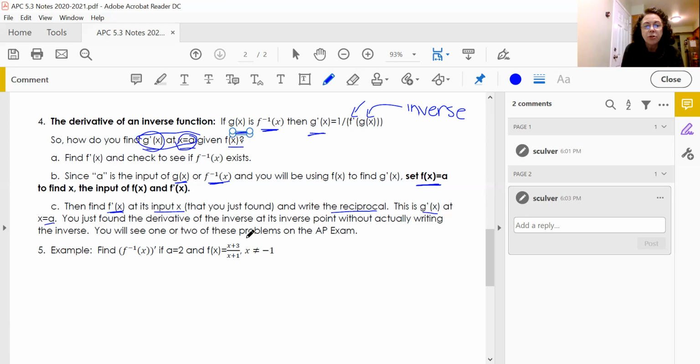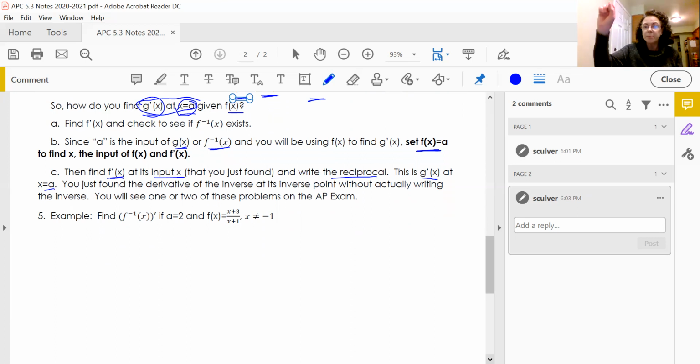You will see 1 or 2 of these problems on the AP exam. So as soon as you see an inverse symbol, the -1, this is what you'll do. So here's what I do when I'm on the AP exam and I see an inverse function. Number 1, I'm going to find the derivative of the original function they give me.